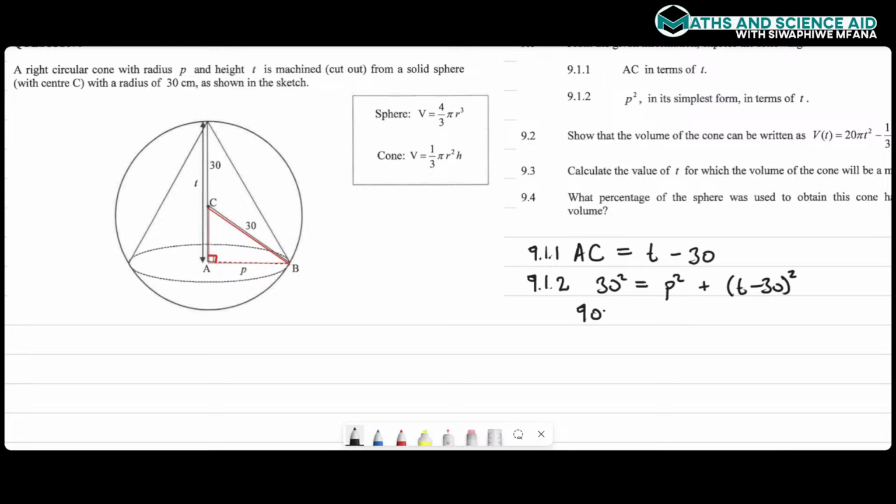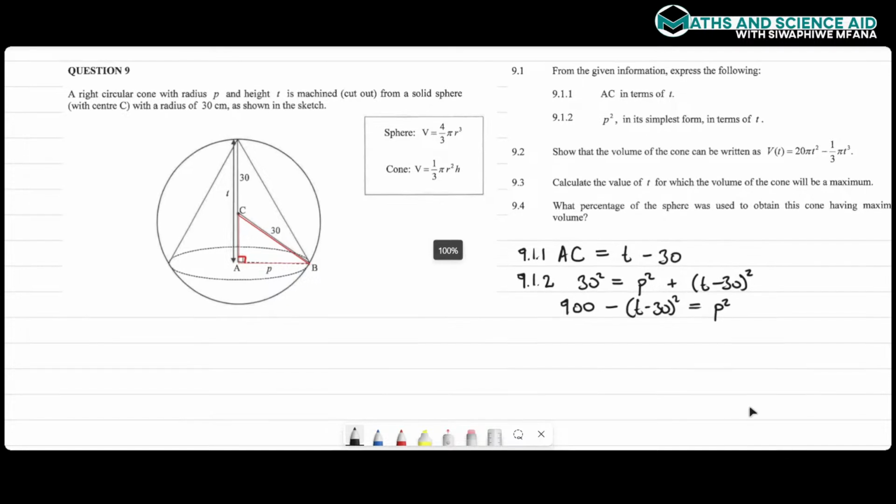I think that's 900. I'm just confirming. Yes, it is 900. So that's 900. And so we'll have minus T minus 30 squared, equals P squared. So we need to simplify it.